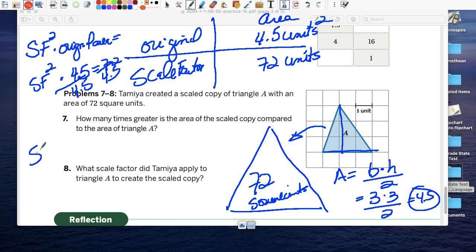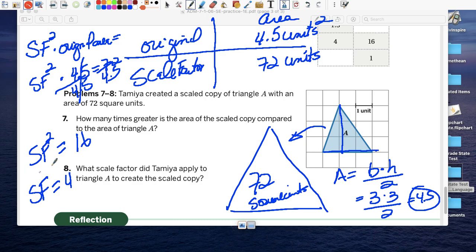So we get scale factor to the second power. 4.5 divided by 4.5 simplifies to 1. 72 divided by 4.5 is 16. What number to the second power is 16? Well, there's two numbers actually, positive 4 and negative 4. But for our intents and purposes, because the scale factor can't be negative here, the answer is 4.